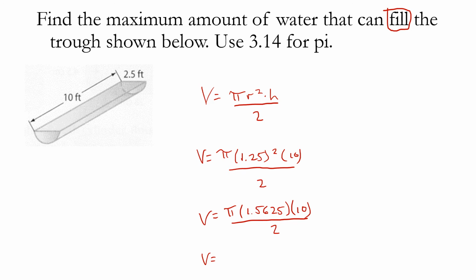And I'm going to get 49.0625, and that's over 2. So once I divide that by 2, I get our volume, which is 25.53125.